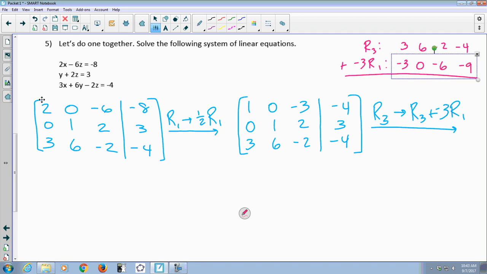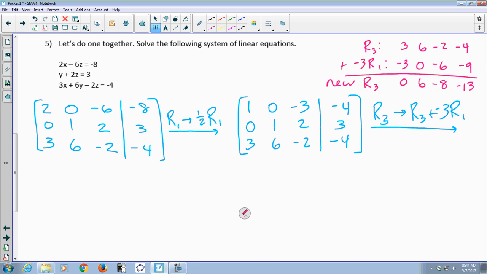Add them, and I get 0, 6, -8, -13. That's my new row 3. Nothing else changes. It's a very common mistake to replace row 1 with this new thing that you wrote, but that's just part of the work. It's not part of the next step.